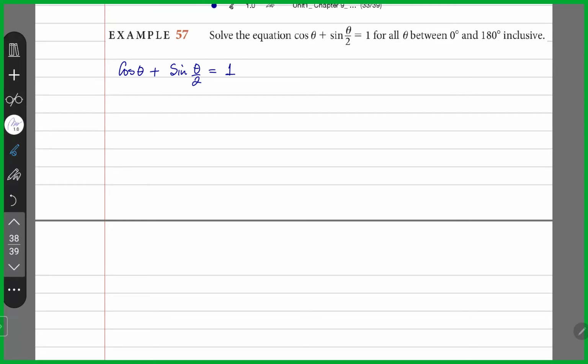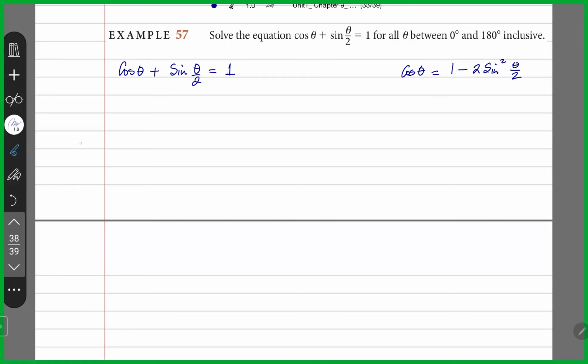Now, by looking at this and with knowledge of the half angle formulas, I know that I can express the entire equation as a quadratic equation in terms of sine theta over 2 only. Because cos theta is the same as saying 1 minus 2 sine square theta over 2. So that's using the half angle formula.